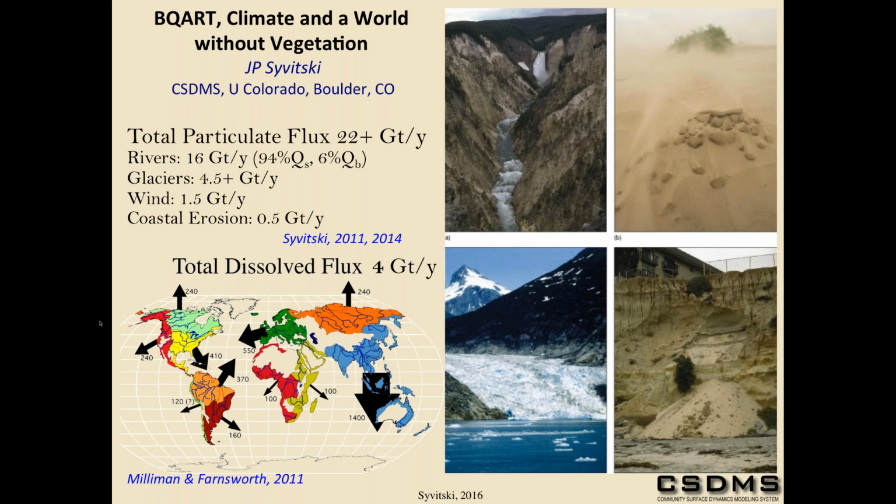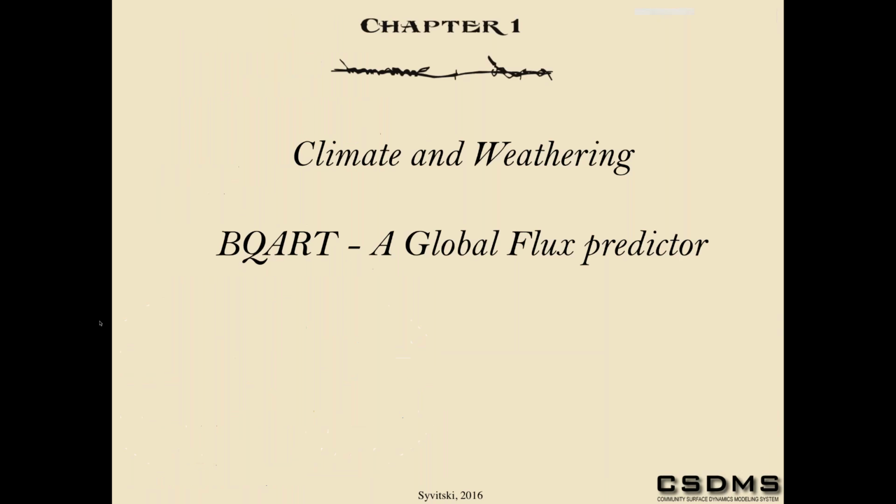Coastal ocean is around 0.5 gigatons per year, and that's a very hard number to figure out, so it's a highly subjective number at best. The dissolved load is much easier to figure out. It's about 4 gigatons per year. So in today's world, we live in a particulate flux world rather than a dissolved flux world.